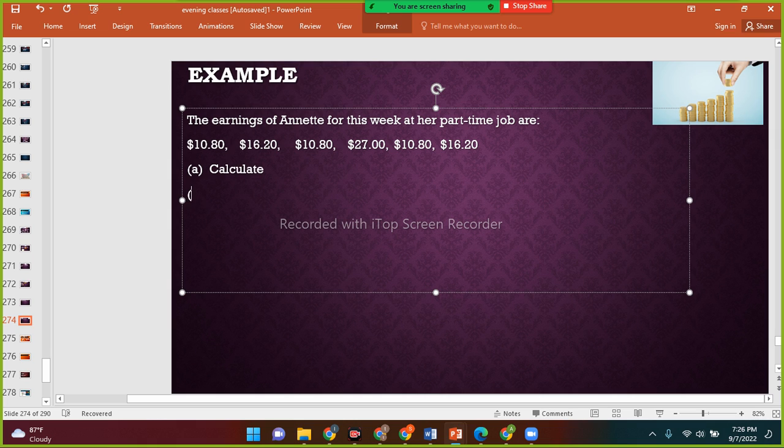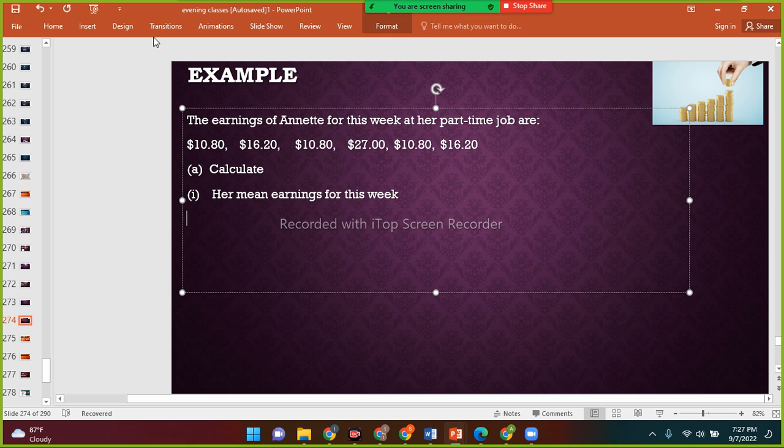All right. So the first one says calculate her mean earnings for this week. When it comes to mean, what do we mean by mean?